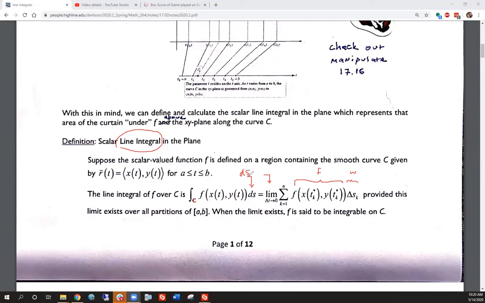The arc length, exactly. The differential arc length. Questions about where this formula comes from? Very good.